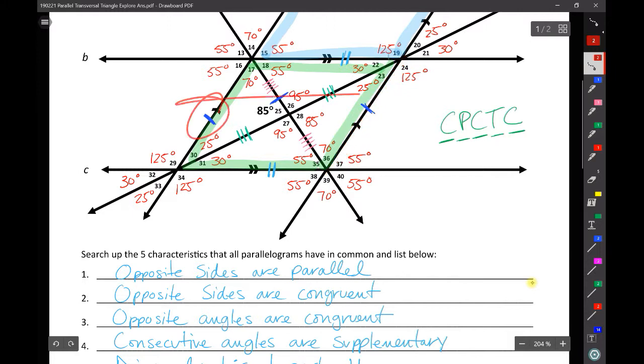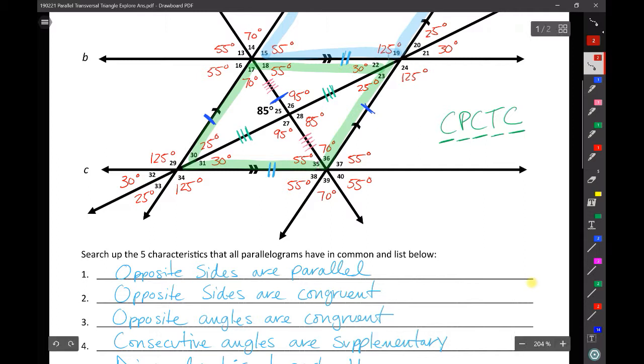They are opposite sides of each other. Now, our first property was opposite sides are parallel, but now because of this, we were also able to show that opposite sides are in fact congruent, okay? And then because of CPCTC, we were able to show that these two opposite sides were also congruent because they were part of the big isosceles triangles.